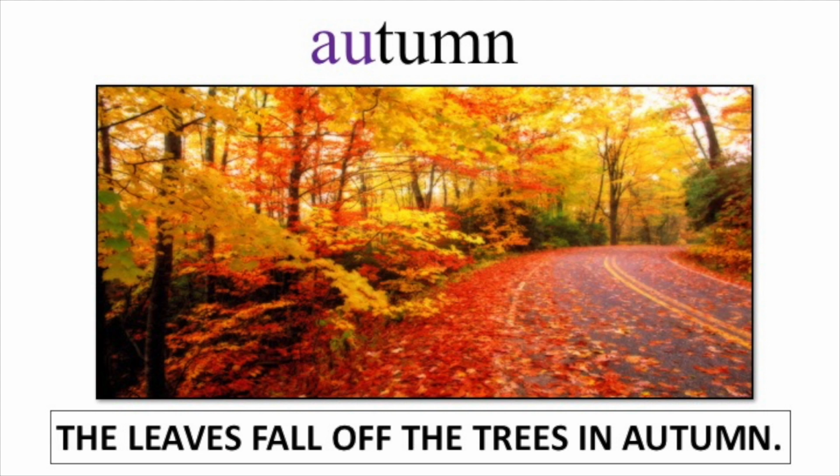So AU, or. And you can see the pretty colours in the picture here. This is autumn, when all of the trees shed their leaves and the leaves fall on the ground. The next spelling, AW. Okay, so a different spelling, not AU, AW, but the same sound.